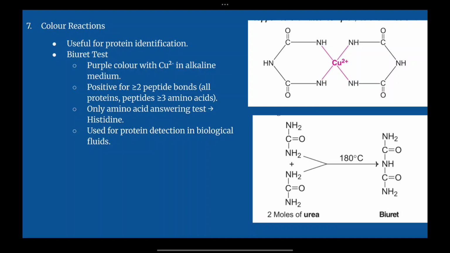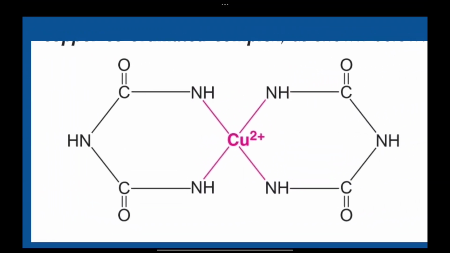Certain proteins can also be detected in biological fluids by the biuret method, wherein the chemical is added drop by drop from the burette to the solution in the conical flask, and rigorous shaking provides a purple color solution. This purple solution is an alkaline medium, and it might contain the chemicals shown here.